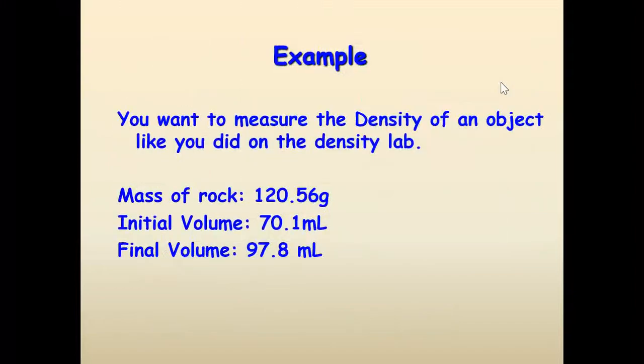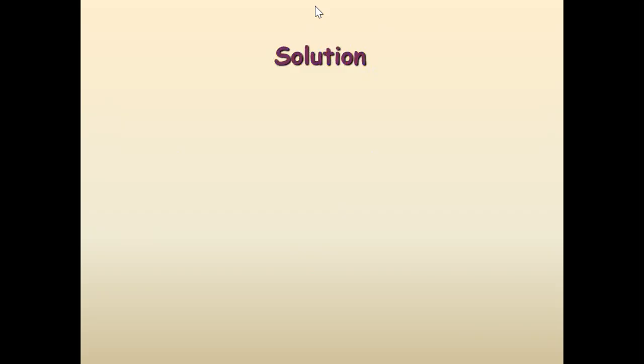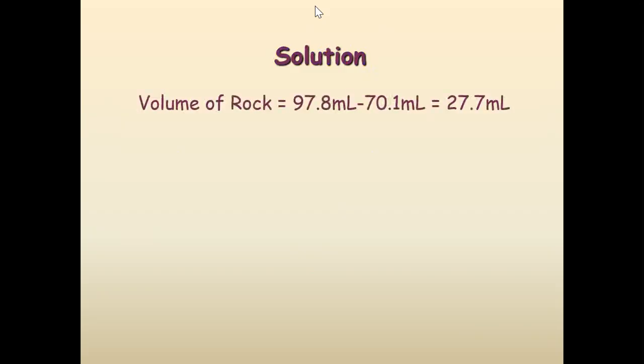So here's an example. If I were to try to calculate the density of an object like we did in the lab earlier on, density being mass divided by volume, and we had these values for those masses and volumes, one thing we could have done was to figure out what the volume of the rock was, and then use our density calculation by taking the mass divided by the volume.